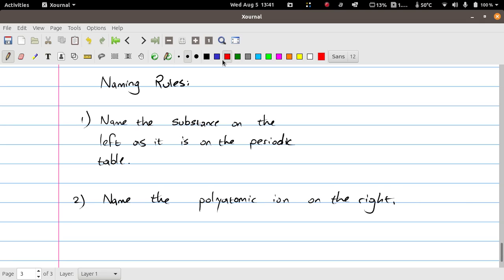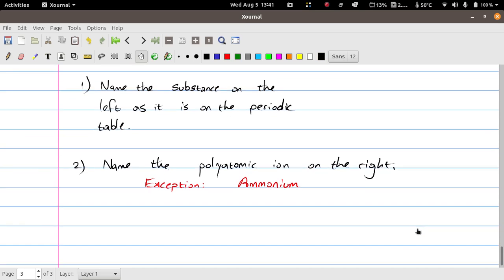Okay, so your exception is ammonium because it's got a positive charge. So ammonium is going to act as the metal in this case, where it's got a +1 charge. I'll draw an example of that real quick.